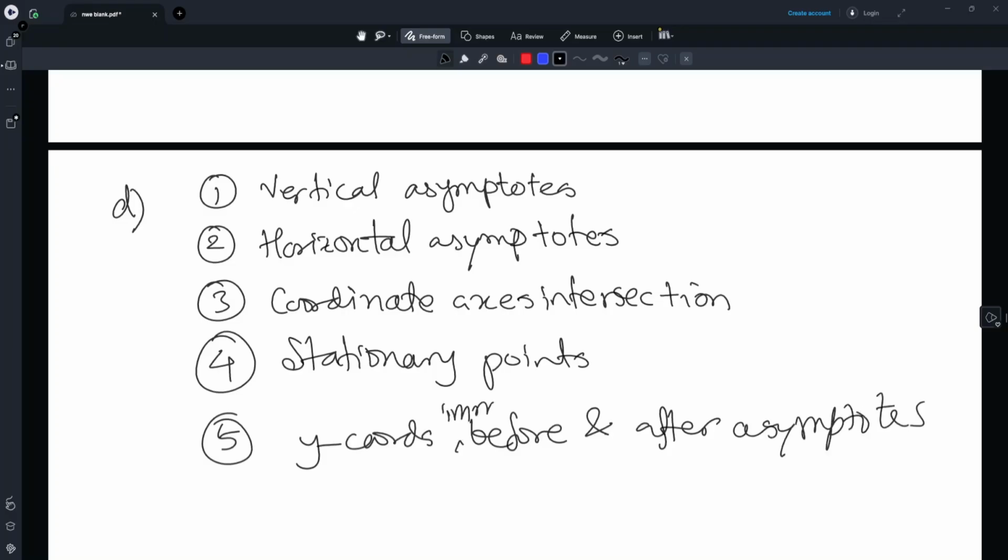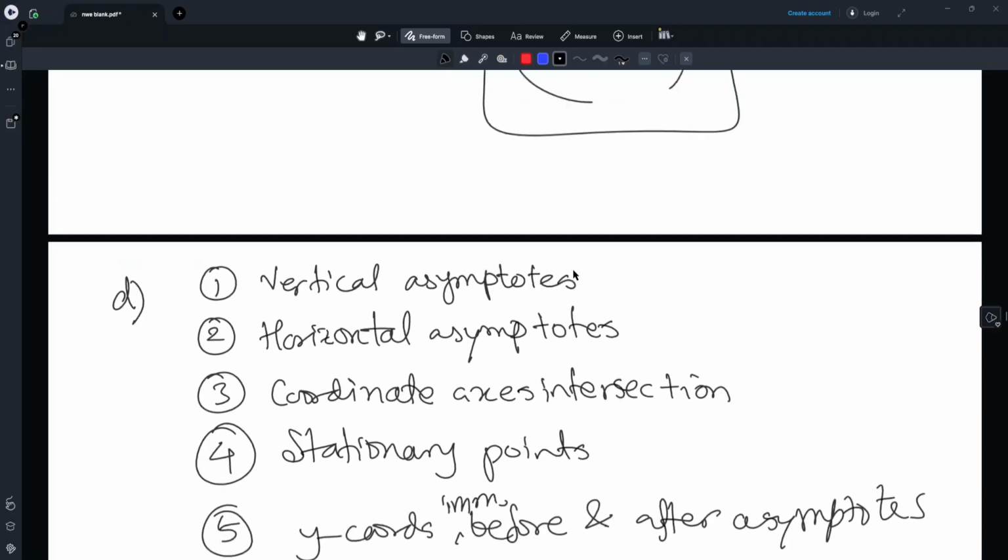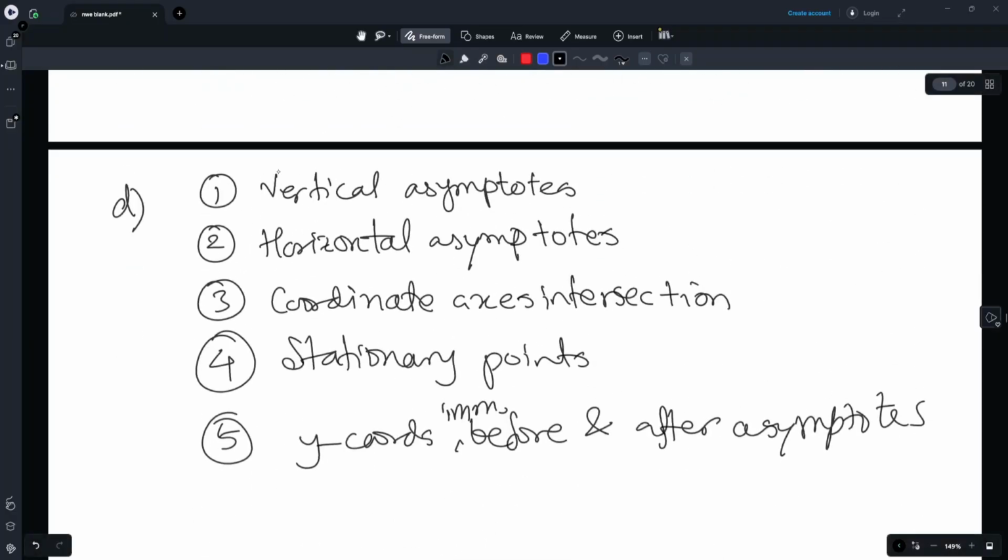Actually, it's immediately before. What it means is that I'll first of all do these three, because these three are very simple.